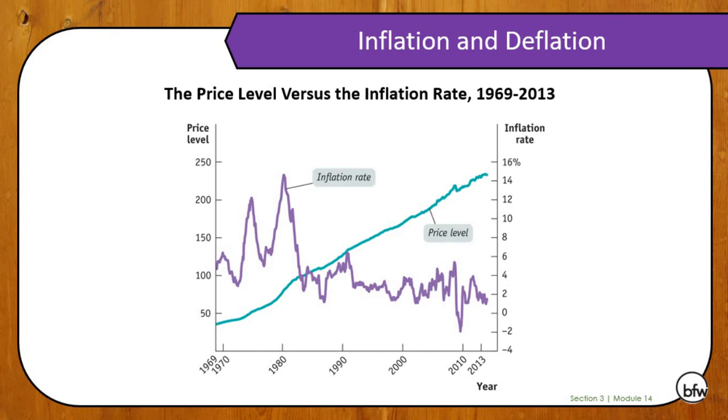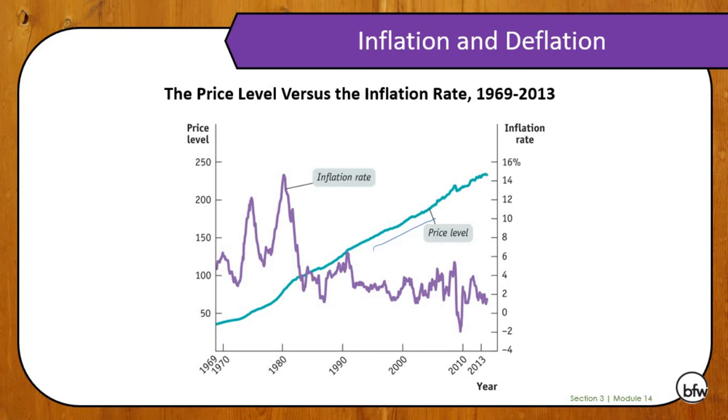Price level versus the inflation rate. As you can see, the price level has increased overall, pretty steadily. The inflation rate has been pretty consistent, with several fluctuations, right around 2%, and that's the target inflation rate. We're going to talk more about that when we get to the Federal Reserve and how they work to keep inflation under control.